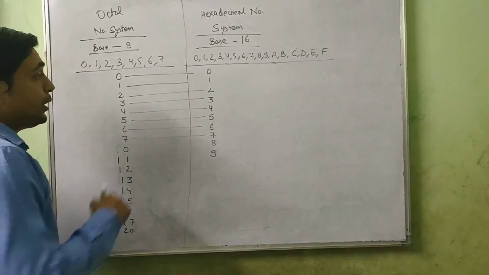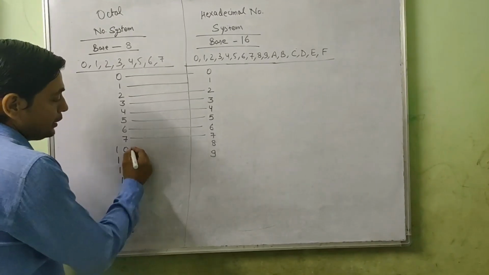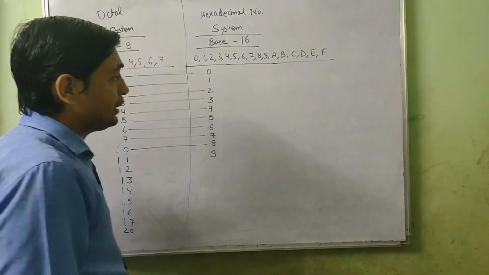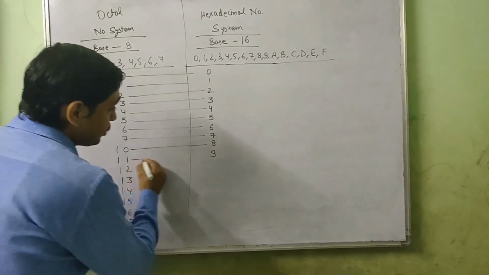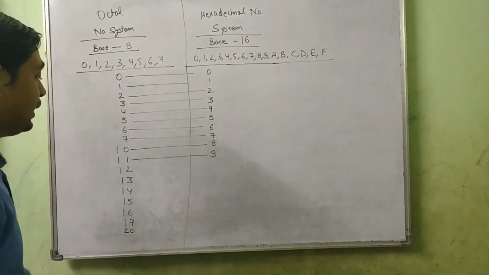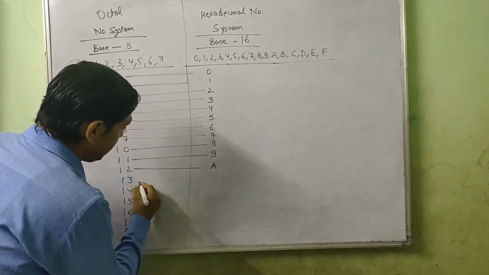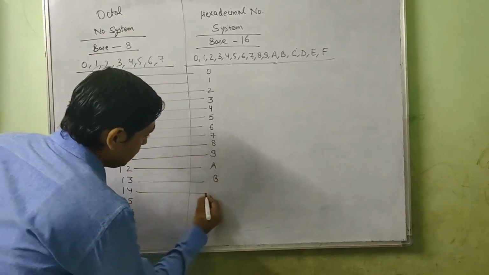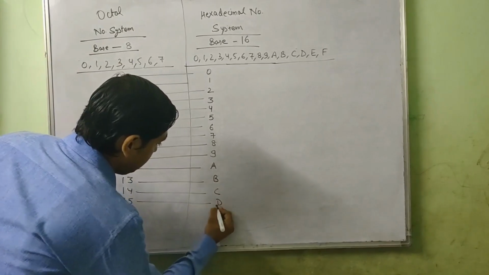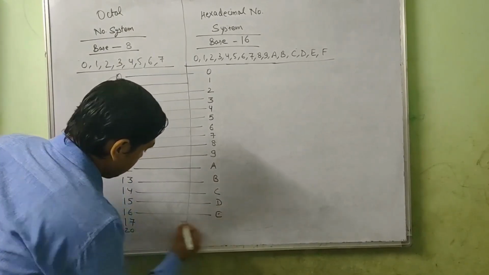But octal 10 is actually represented as 8 in hexadecimal. Octal 11 is represented as 9 in hexadecimal. And then after that, octal 12 onward is represented as A, B, C, D, E and F.